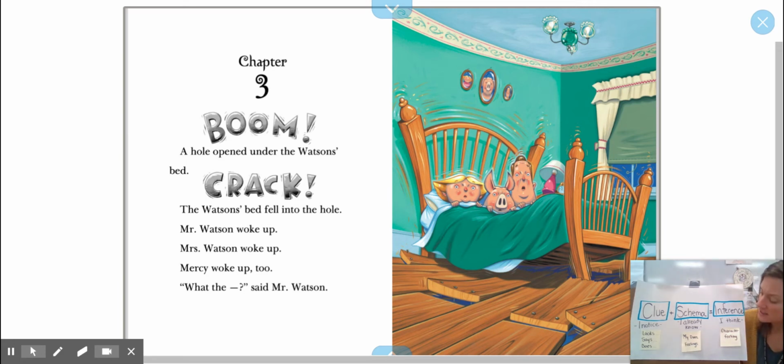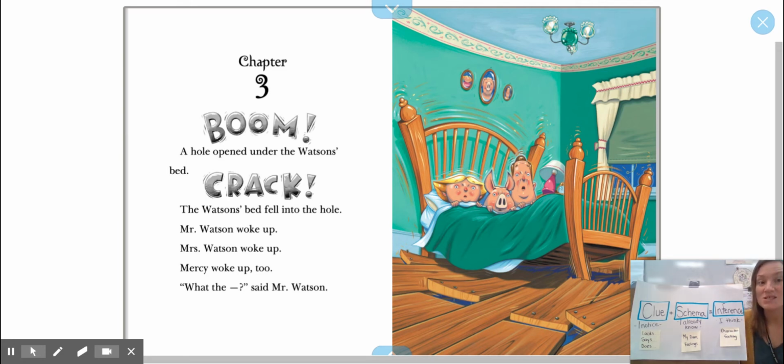And so now let's go ahead and I'm going to reread a little bit of this. It says, boom, a hole opened under the Watson's bed. Crack! The Watson's bed fell into the hole. Mr. Watson woke up. Mrs. Watson woke up. Mercy woke up too. What in the? Said Mr.